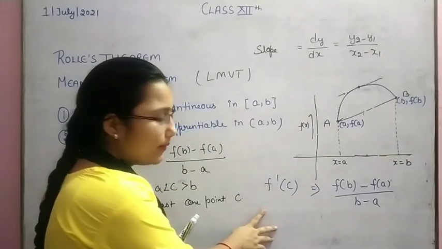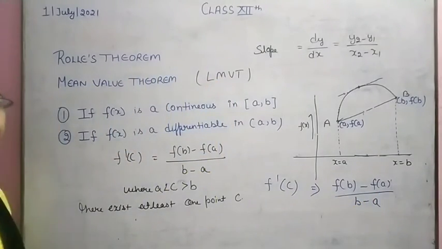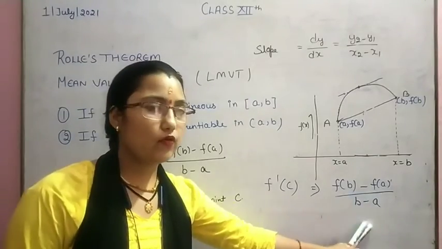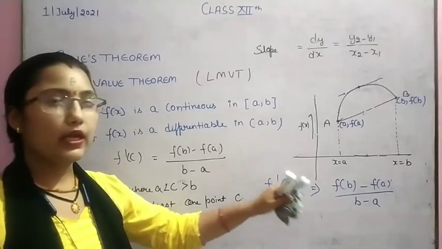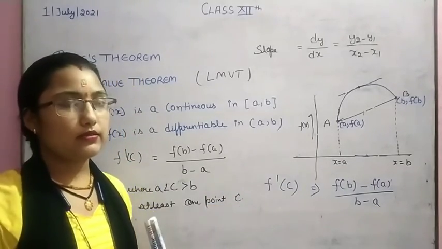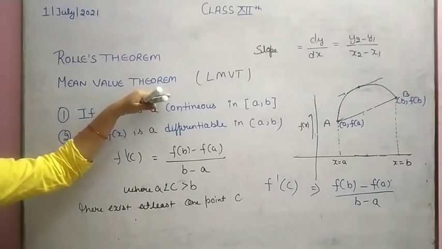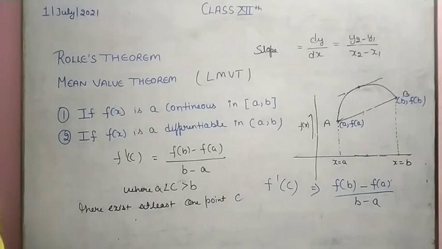But according to LMVT, f'(C) equals (f(b) minus f(a)) over (b minus a). If we apply the case of Rolle's here, we get (f(a) minus f(a)) over (b minus a), that means 0. And C lies between a and b in both cases. So we can say that Lagrange's theorem is a modified form of Rolle's theorem. Got it?